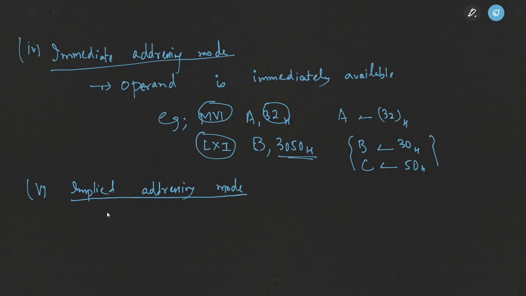In this case, the address of the operand is implied. Fine. So for example, we have an instruction XCHG. We simply write this instruction. We do not write anything else with it.